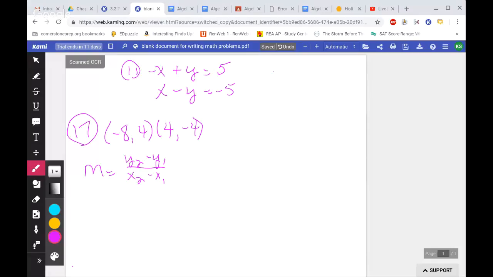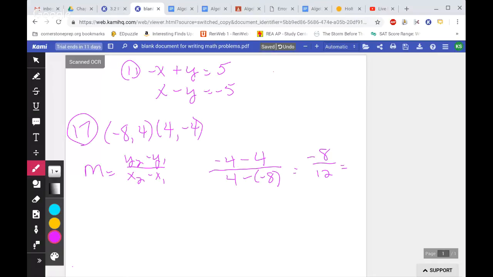So I'm going to substitute in for my y's -4 minus 4, all over 4 minus a -8. So the top is -8 and the bottom is 4 minus a minus 8. So that's going to be a positive 12 because that turns into 4 plus 8.